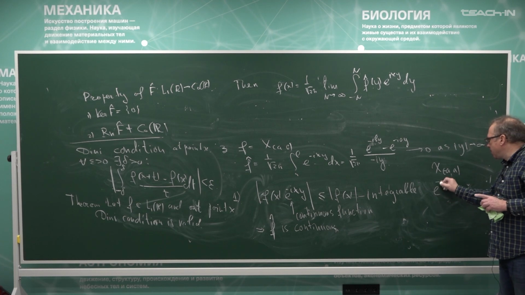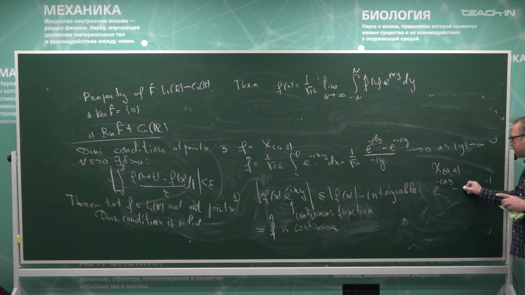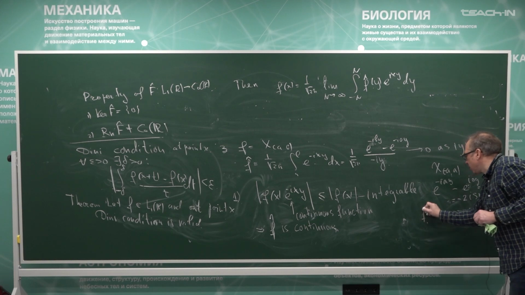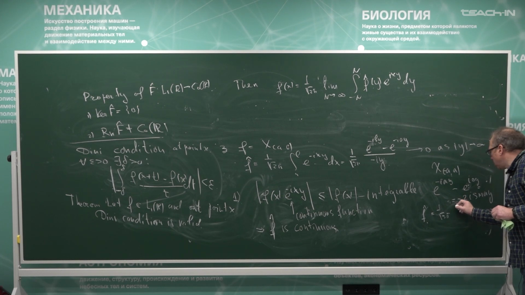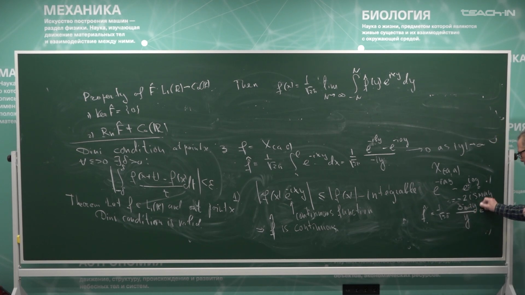We obtain e to the minus iAy minus e to the iAy, which equals minus 2i sine Ay. So this Fourier transform equals 2 sine Ay divided by y. It does not belong to L1.